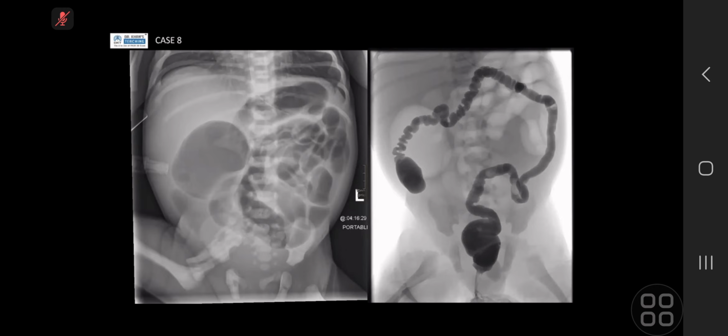Okay, so the first picture is an abdominal X-ray, which shows the baby has a nasogastric tube in situ and multiple dilated loops of bowel. I'm looking at the lower GI study now, and I think there's a narrow caliber of the large bowel overall.